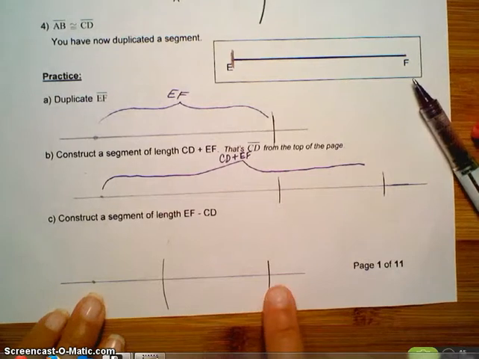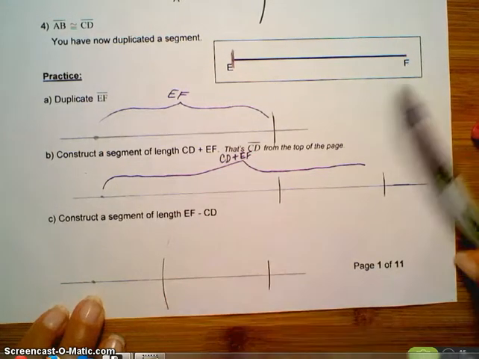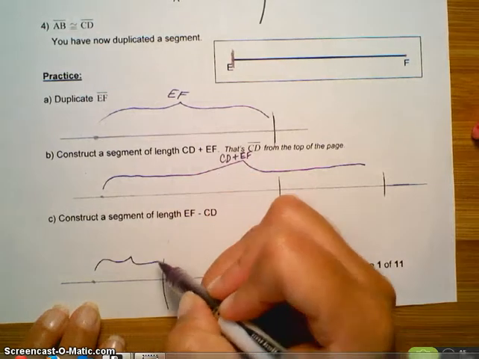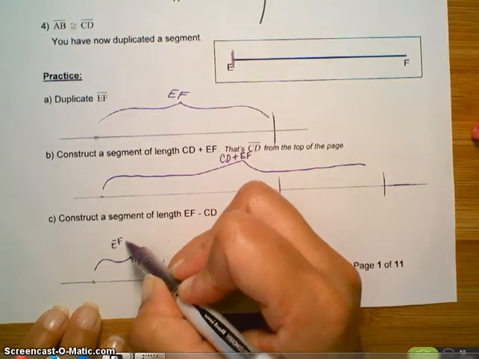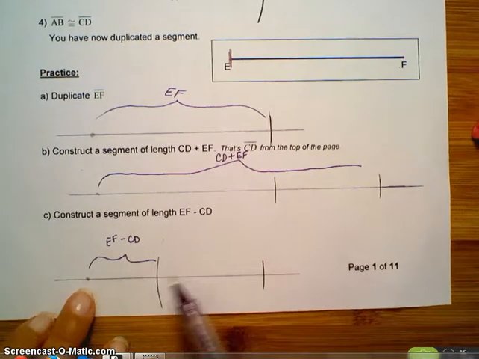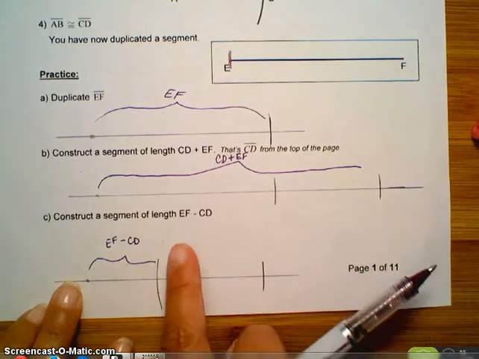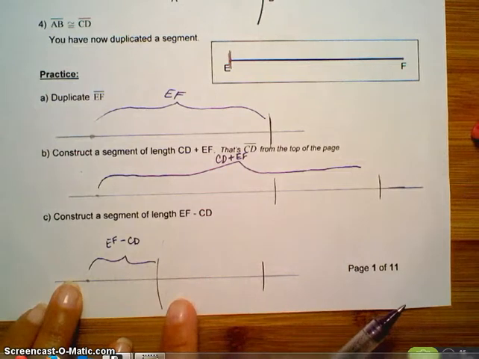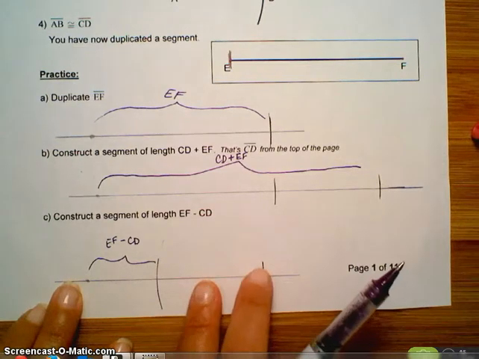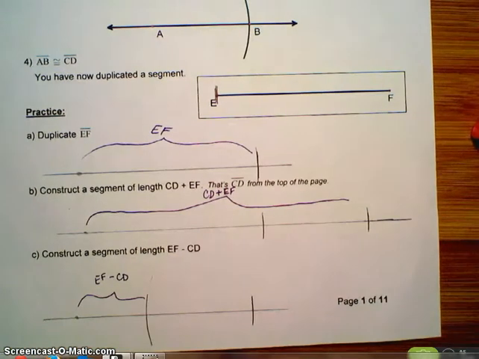So this was EF, we're taking away CD, so this piece right here is EF take away CD. Now the other way to accomplish this would be, once you're set to CD, put the pointer back at the beginning and reach out and make an arc mark, at which point EF take away CD would be at this end of the picture. All right. We're done with page 1. We're going to move on to page 4 of this note packet.